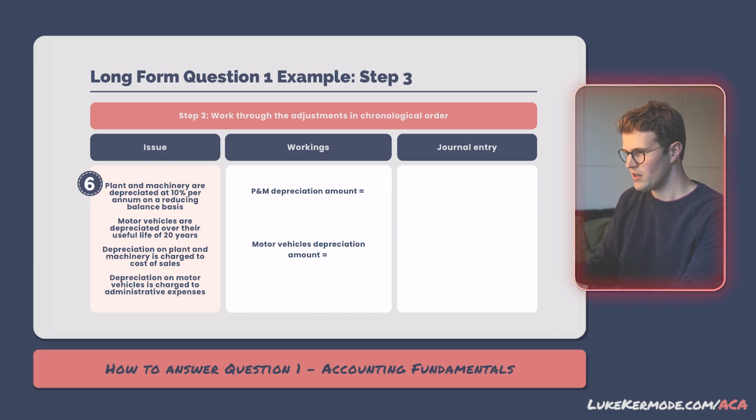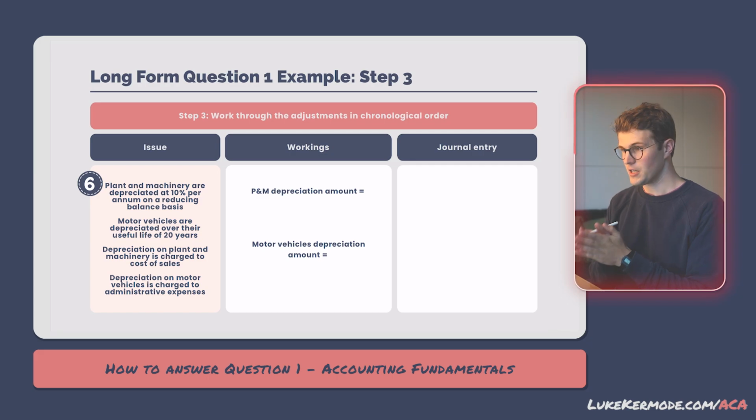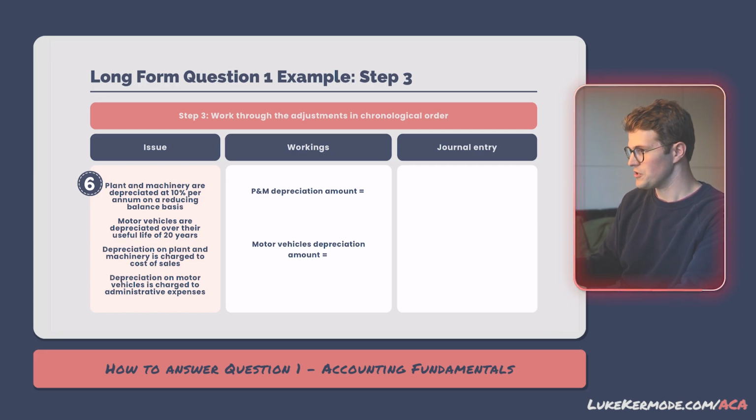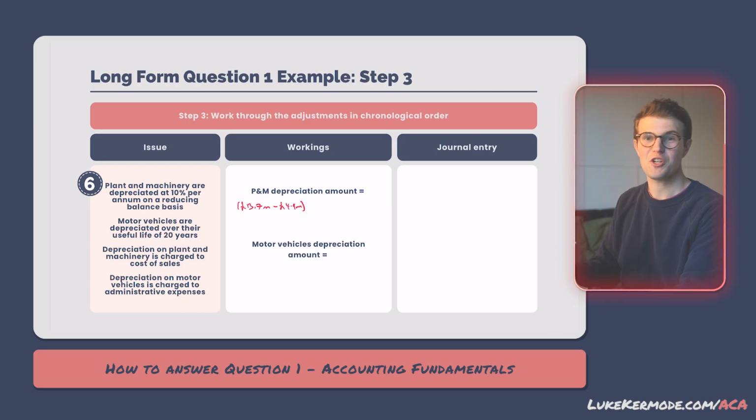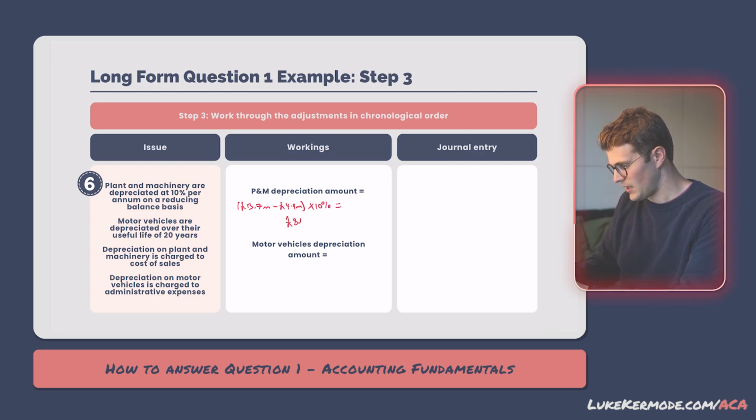For plant and machinery, we use the reducing balance method. So we take the carrying amount, which is the cost of 13.7 million minus the accumulated depreciation of 4.9 million, and we multiply that by the depreciation rate of 10%, which equals 880,000.